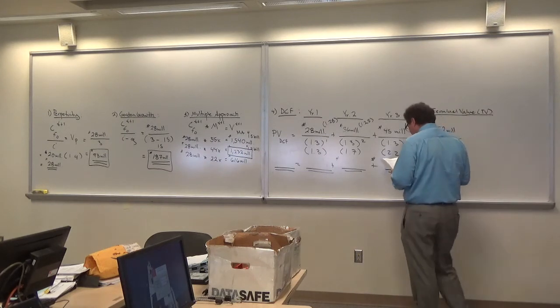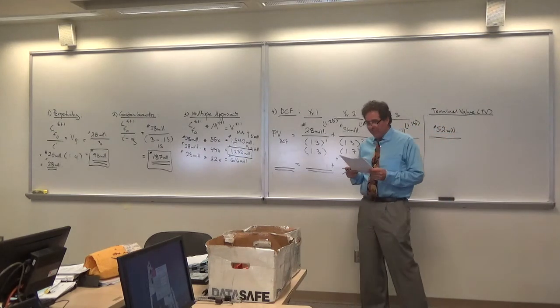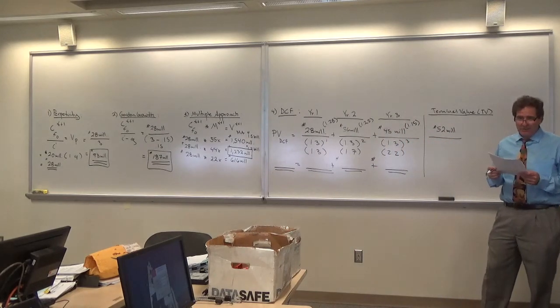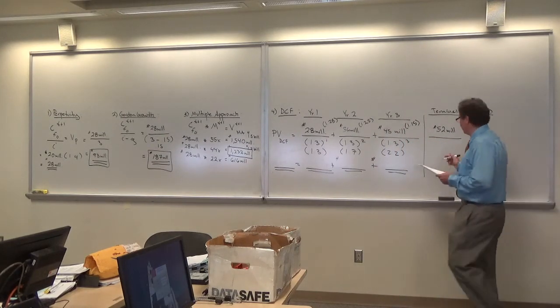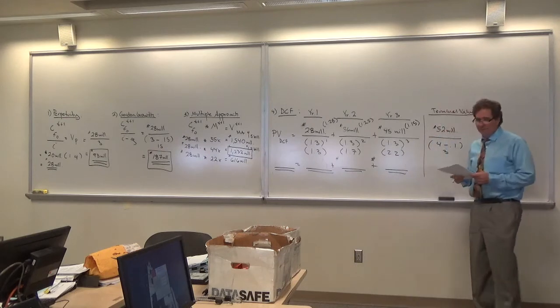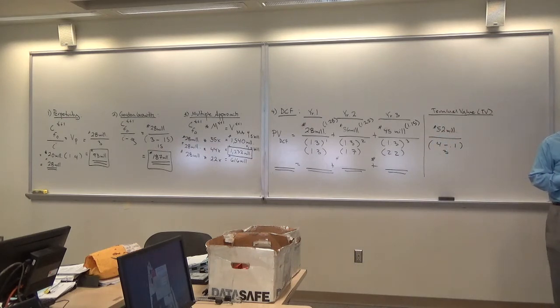Okay, and what's our expected return for the terminal period? 40%. So 0.4 minus 0.1 gives you what? 0.3. Okay, so here's an intuitive theoretical question.